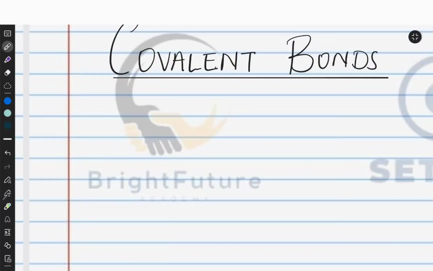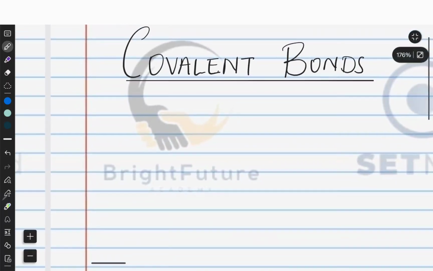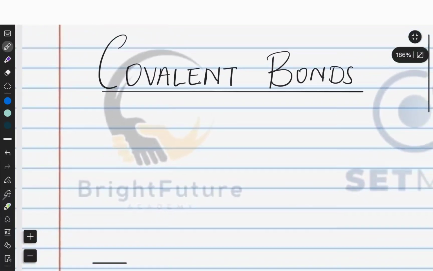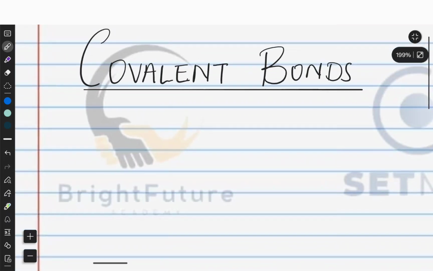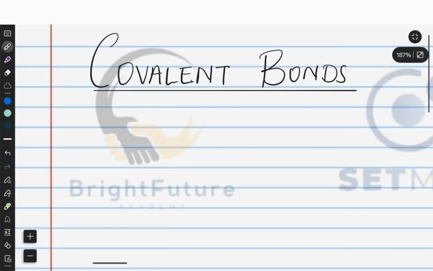By definition, a covalent bond is where two atoms meet and then they share a pair or more of electrons to satisfy or fill their valence shells.